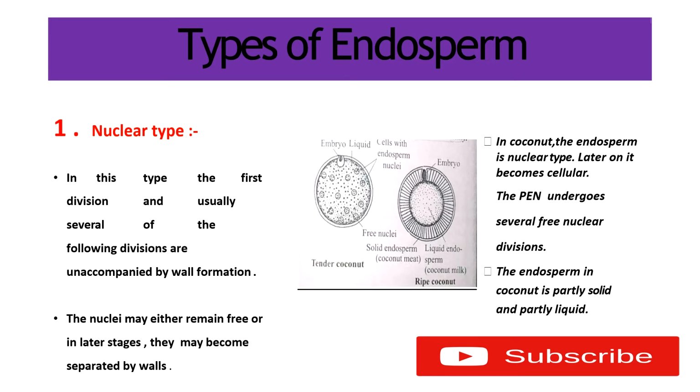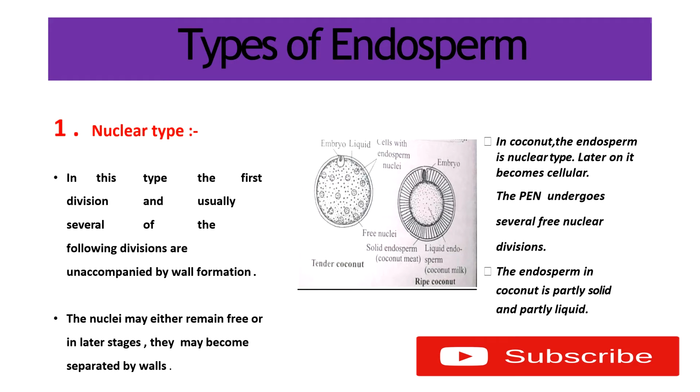This triploid nucleus undergoes continuous division without wall formation, resulting in a number of triploid nuclei without cell walls. They may remain either free or, in later stages, become separated by walls. In all these cases, it is the nuclear type.